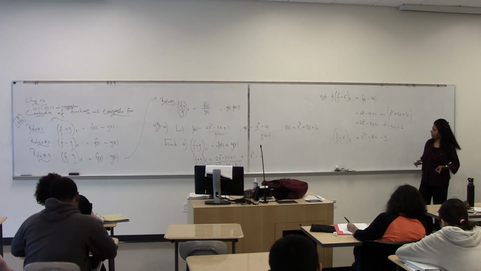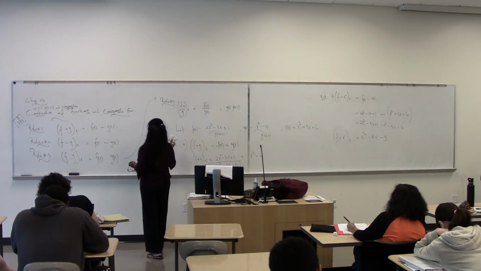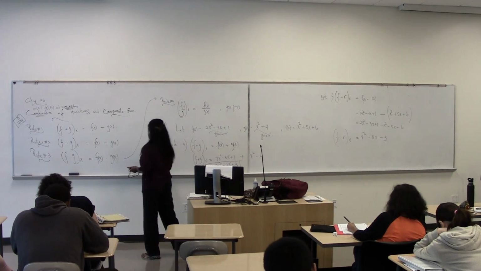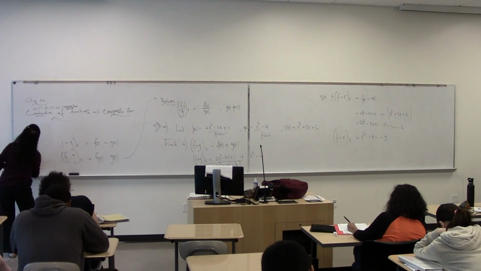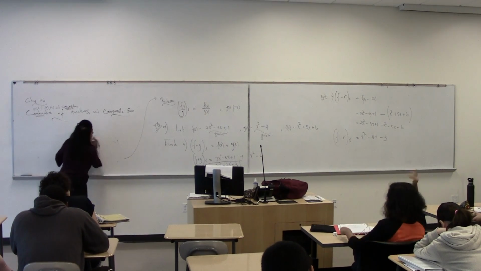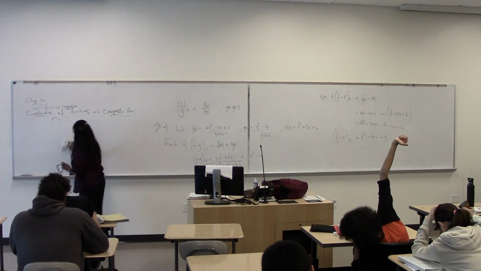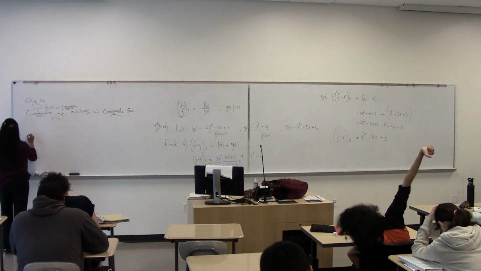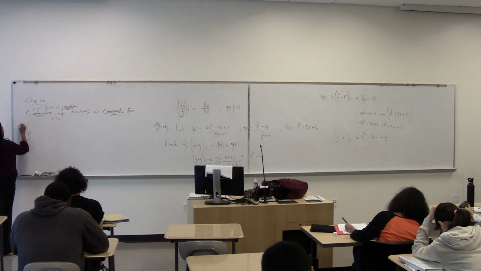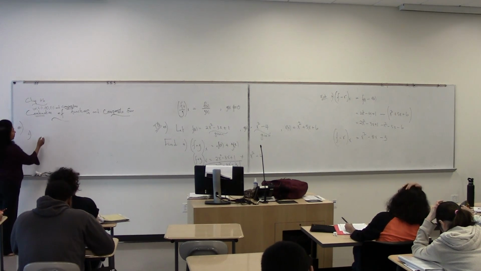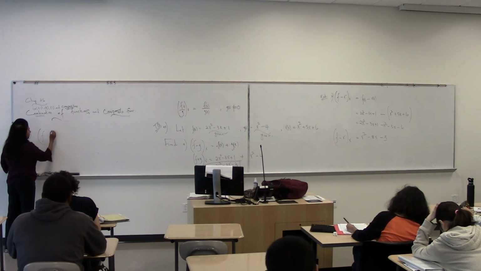Good? All right. Example number 1, part C. So we do example number 1, part C. f times g of x.